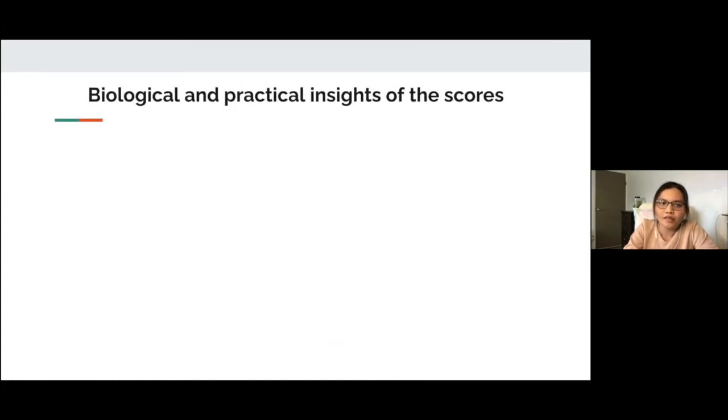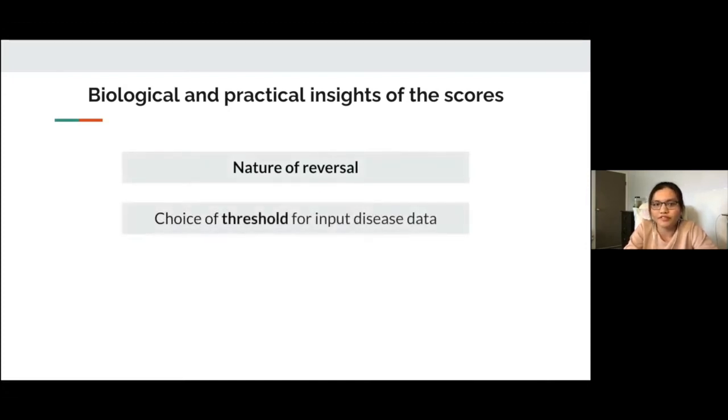Not only did we establish the relationships and connections through our effort, but we also got some biological and practical insights about the scores. The first insight we will talk about today is the nature of reversal. The second is the choice of threshold for the input disease data.